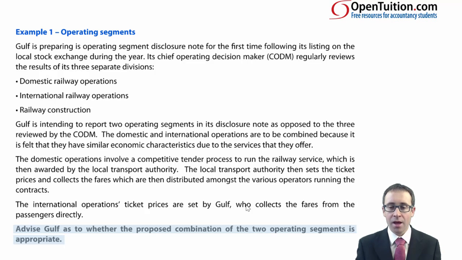However, Gulf is intending to report two operating segments in its disclosure note as opposed to the three reviewed by the CODM. The key bit highlighted there is that the domestic and international operations are to be combined because it is felt that they have similar economic characteristics due to the services that they offer.